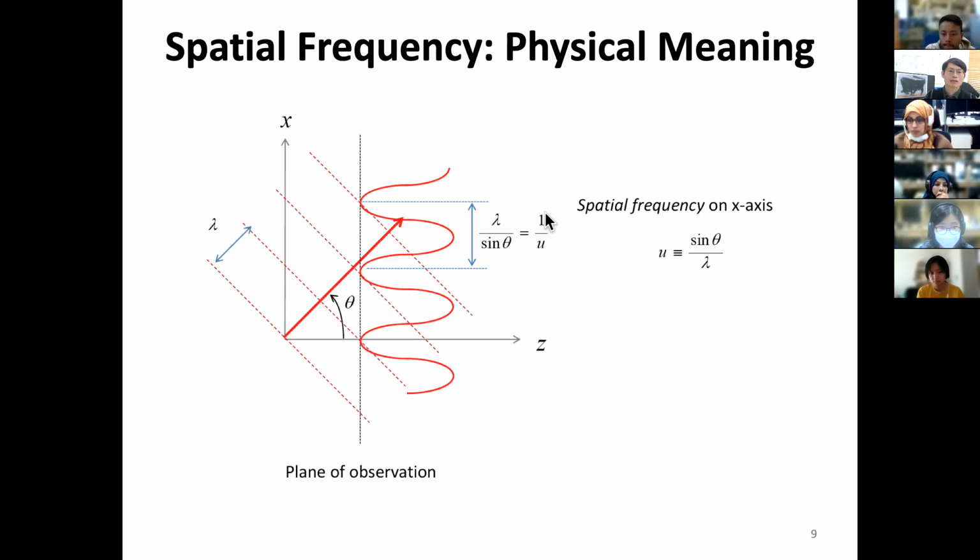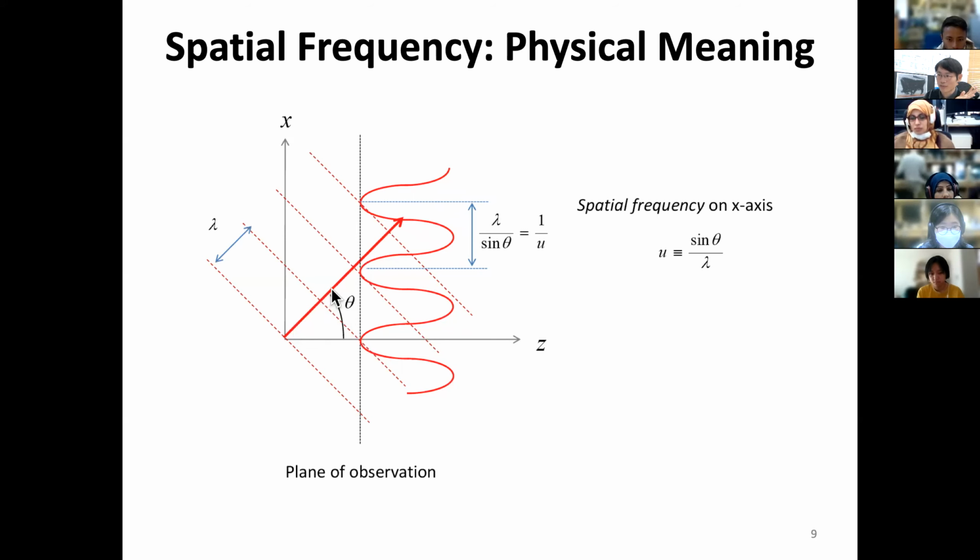Now let's graphically understand the physical meaning of spatial frequency. When theta is there, the wave propagates in this direction, and the wavefronts are the dotted lines. The distance between dotted lines represents a lambda.